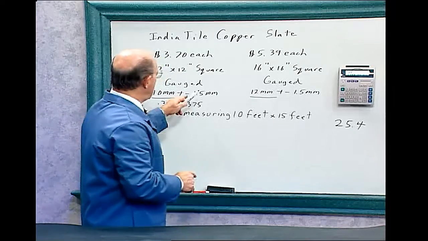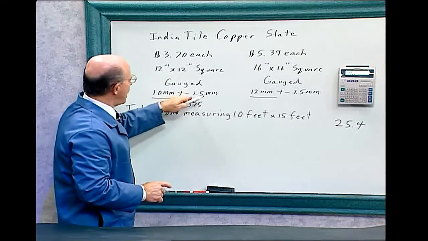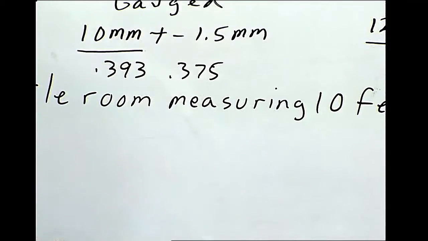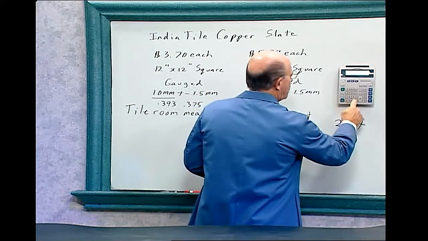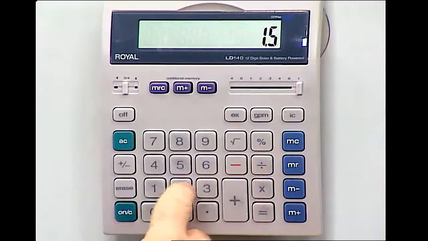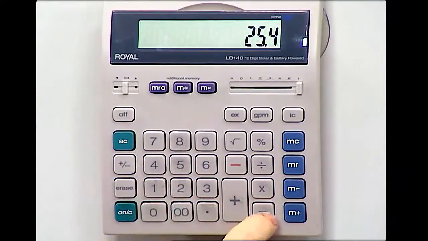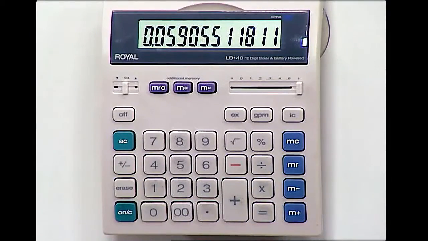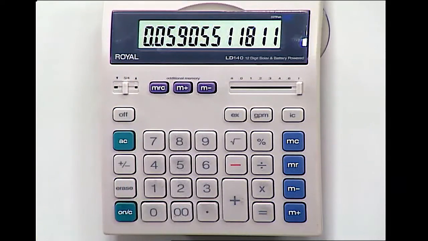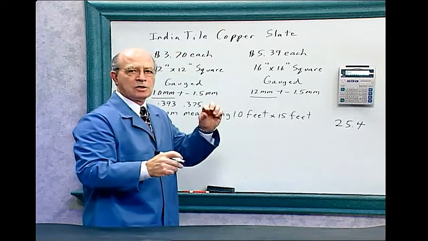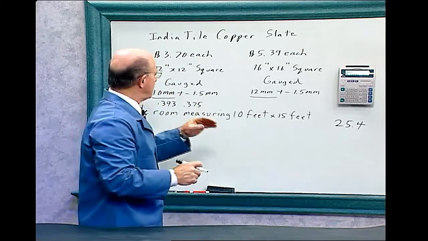And if you want to know what the gauge thickness tolerance is, it's plus or minus 1.5 millimeters. Let's put that one in. 1.5 divided by 25.4 equals about 0.059, about a 16th of an inch difference in thickness.